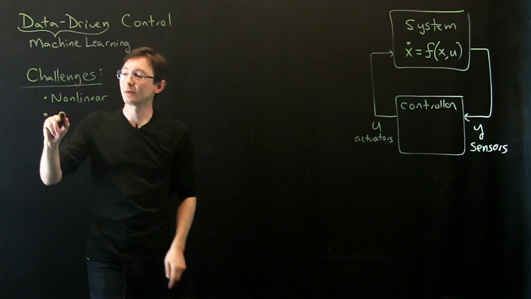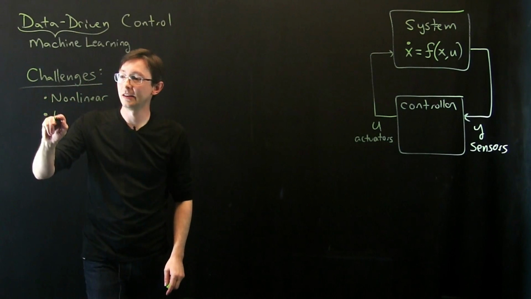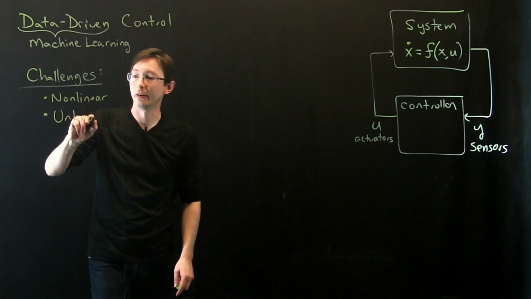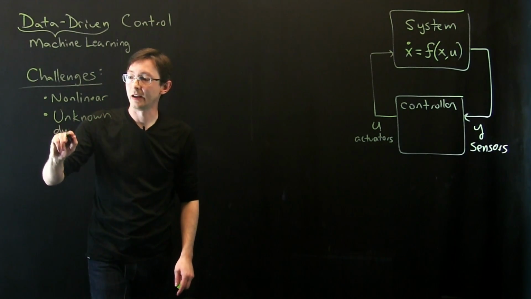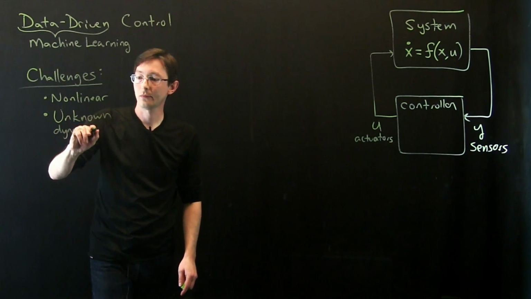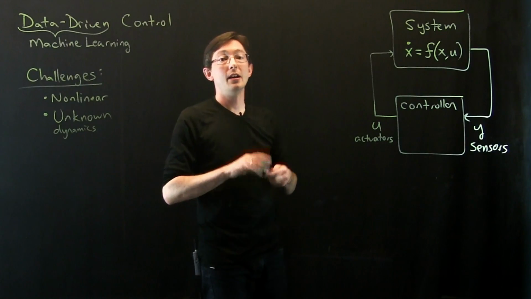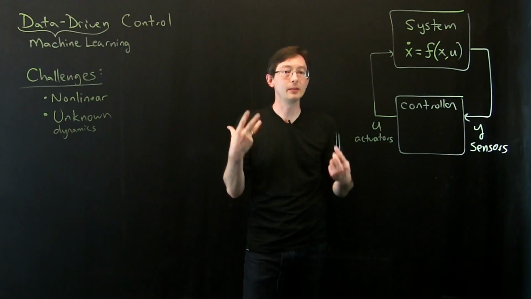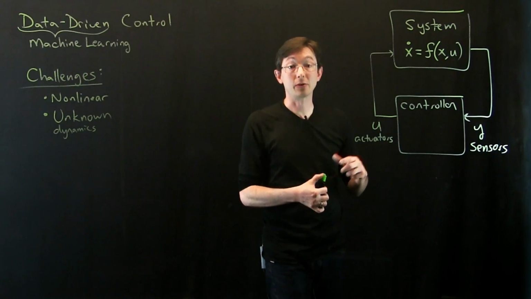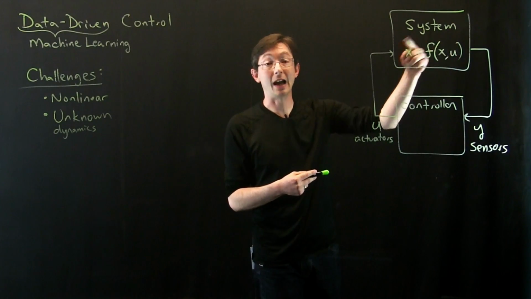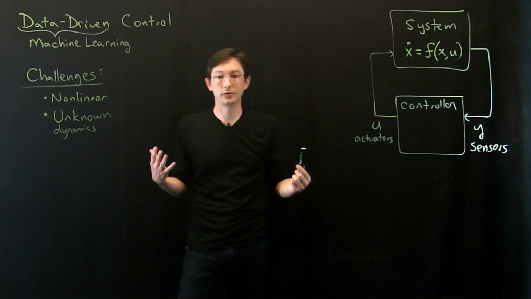So in many cases, one of the fundamental challenges is that the equations are actually unknown. So I'm going to call this unknown dynamics. Okay, that's a really, really big challenge in many of these systems, and it's increasingly becoming a central focus of research efforts. Is actually, I don't even know what f is. How do I control that?